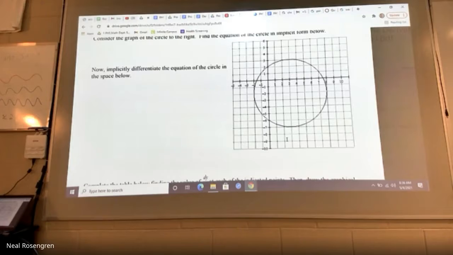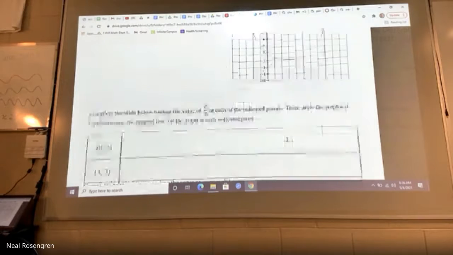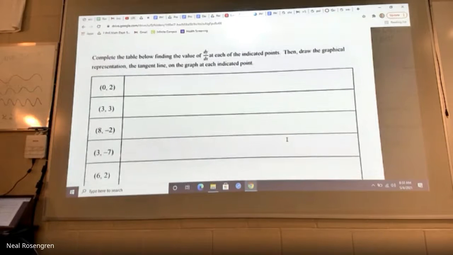One of the examples we looked at yesterday was working through the equation of a circle and just trying to find a way to differentiate that, not necessarily worrying about getting it to f of x equals or y equals and then doing dy dx, but instead leaving it exactly as it's written and going after it that way. That's what we did, right? We looked at a couple different equations of circles and kind of messed with that. Came up with a halfway decent plan as to how to find dy dx.